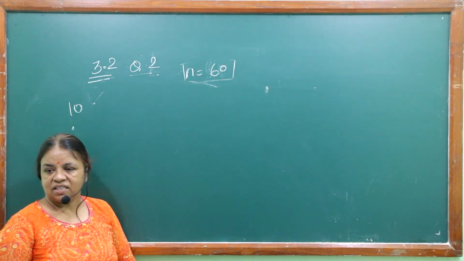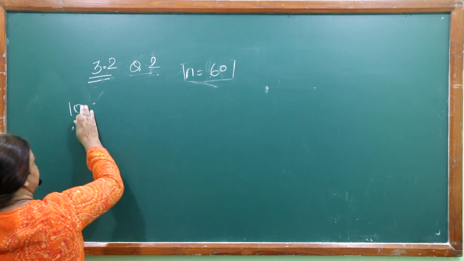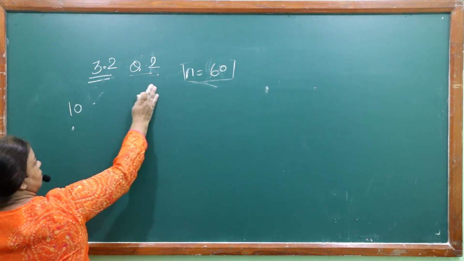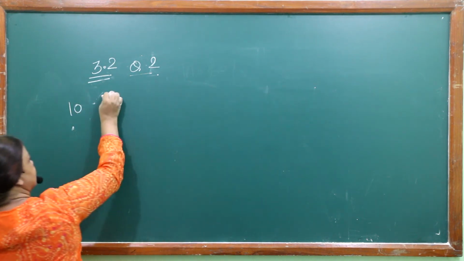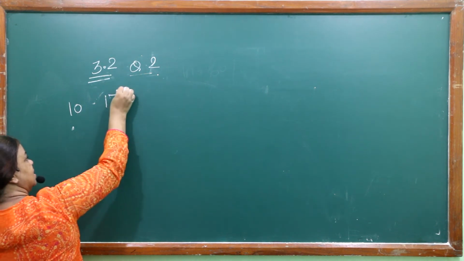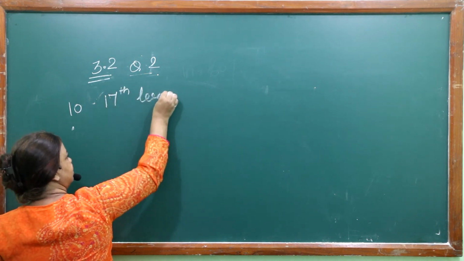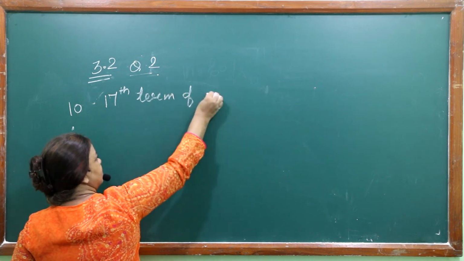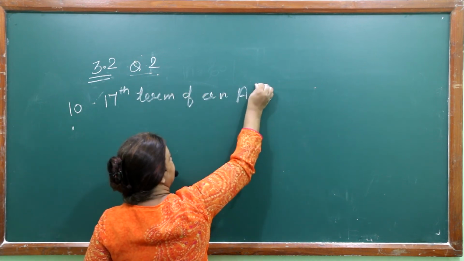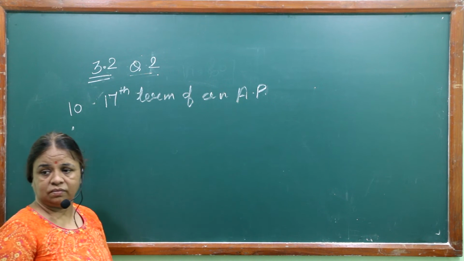The 17th term of an AP is 7 more than the 10th term.